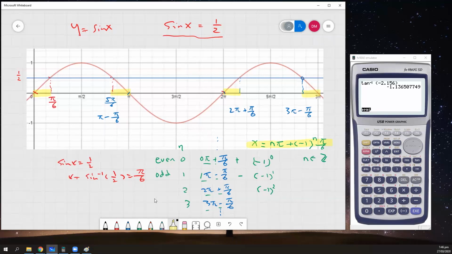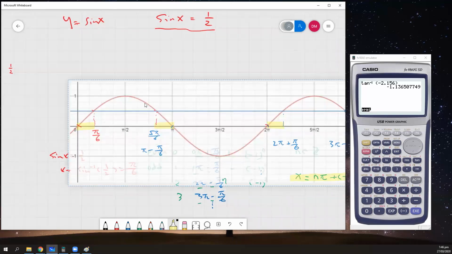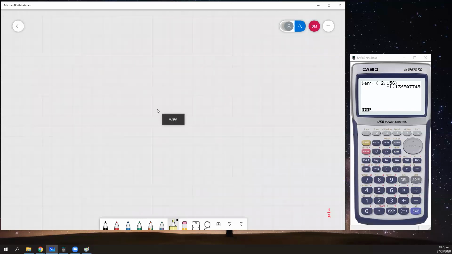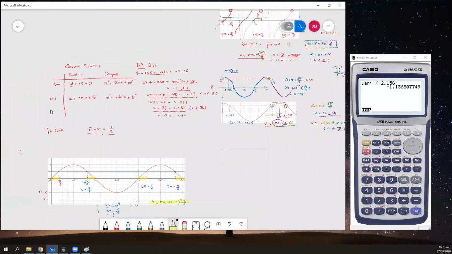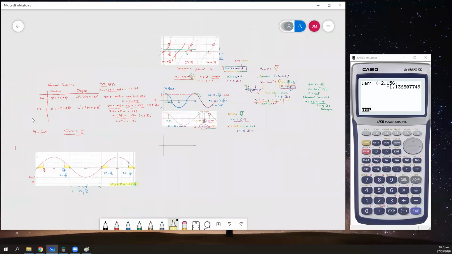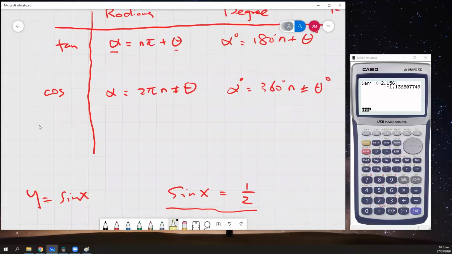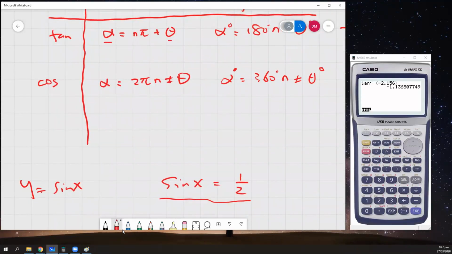All right. In case of a particular solution, we say, okay, now if we have sine over here, if I know a particular solution, which is theta, the general solution should be equal to n pi plus negative 1 raised to the nth power times theta.